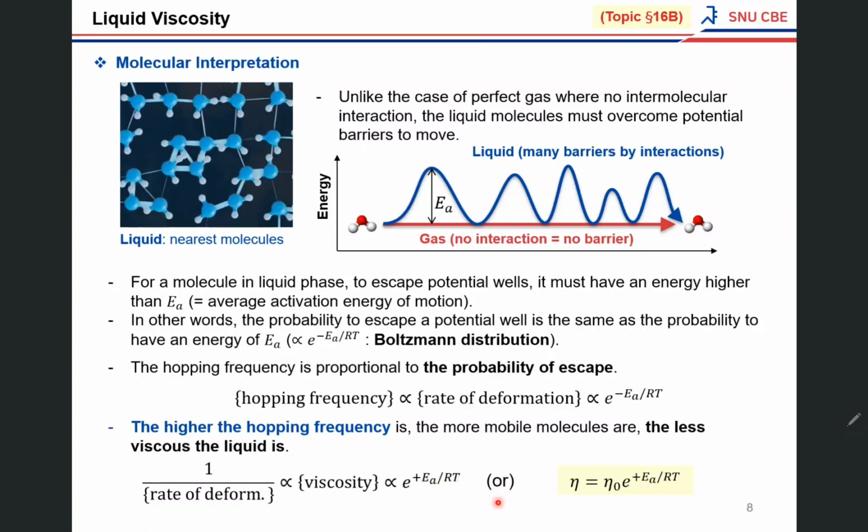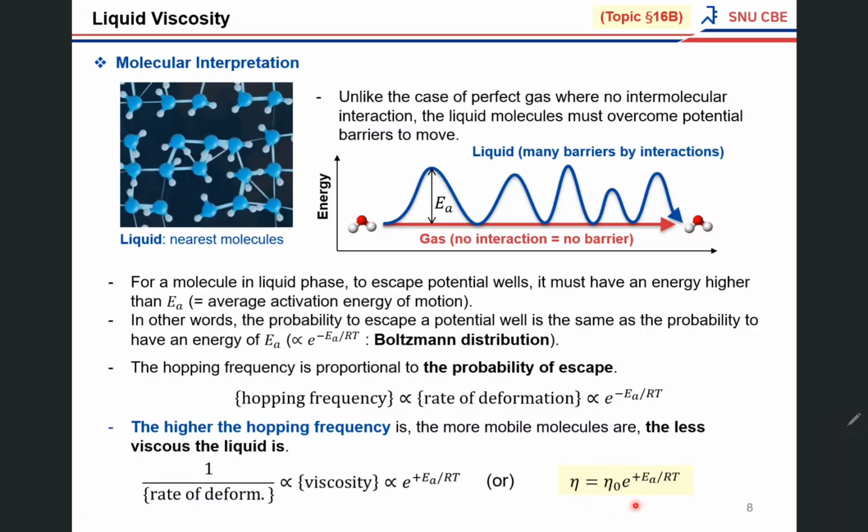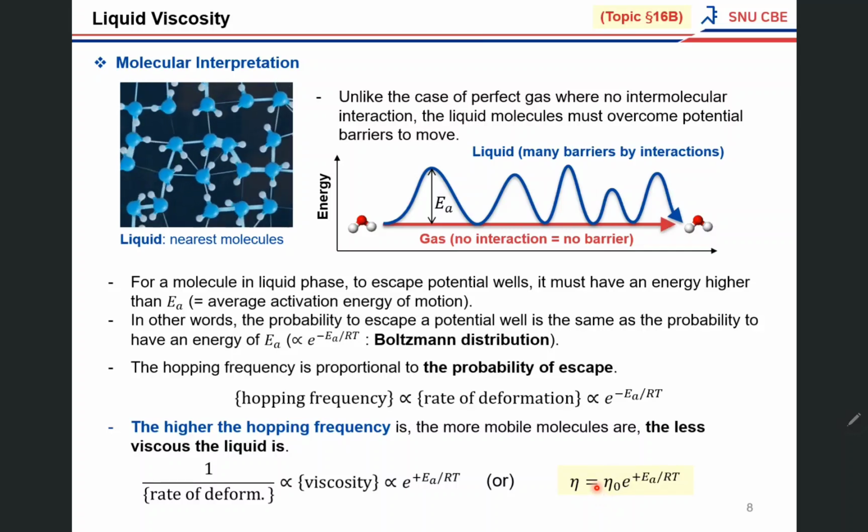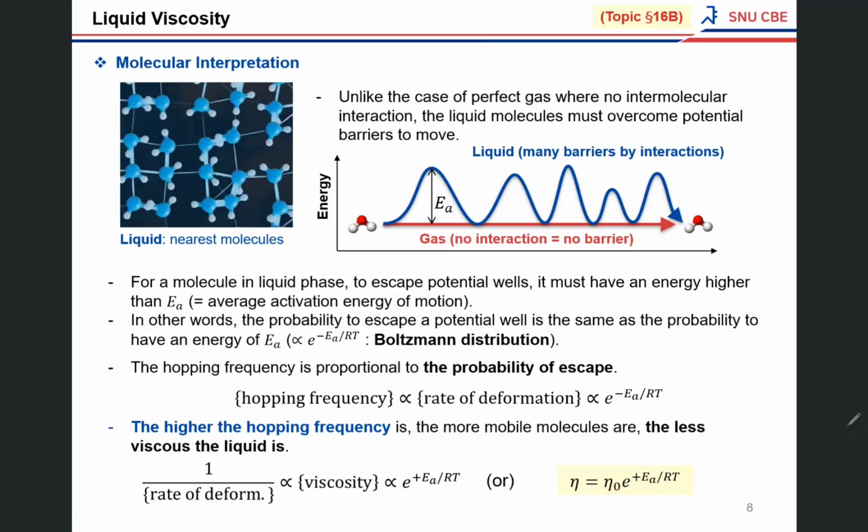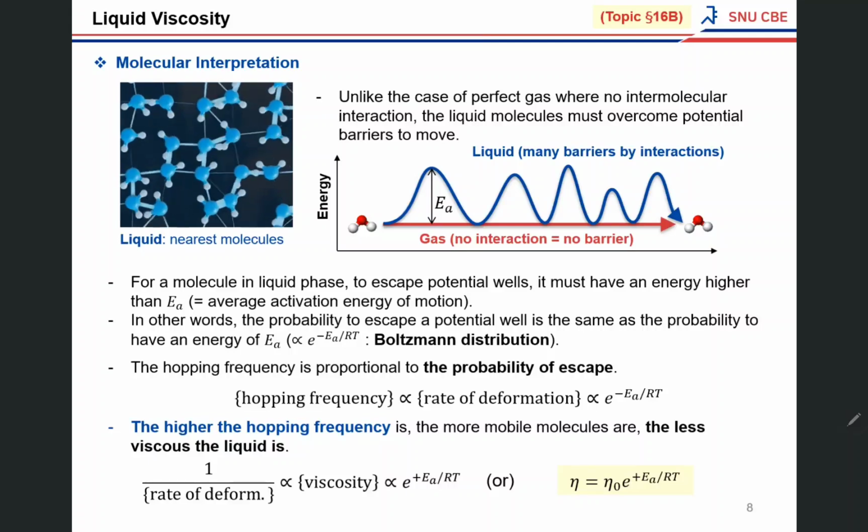If you write it in the Boltzmann form, then the viscosity will be proportional to this factor, with this mu being some viscosity coefficient here. So viscosity may follow this Arrhenius-like equation. Not really the same, but the Arrhenius equation has a pretty similar format.